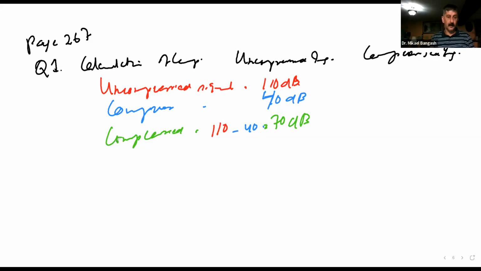So here it means the signal is compressed to 70 decibels.